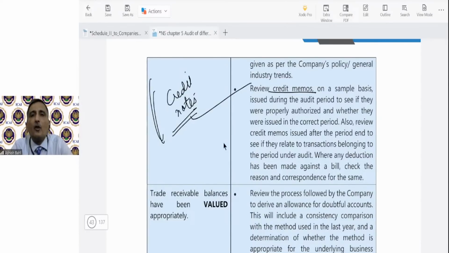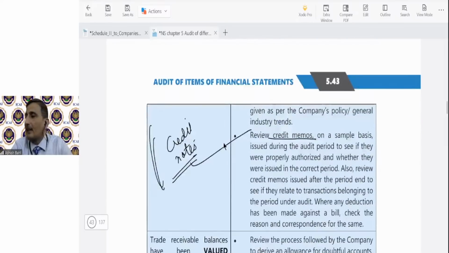So the auditor would also be sample checking credit notes, whether these are properly authorized and whether these are issued in the correct period. All these things the auditor would be verifying in respect of completeness assertion.